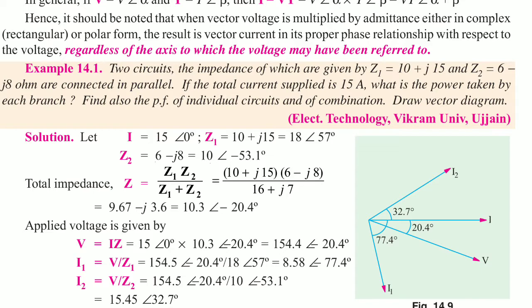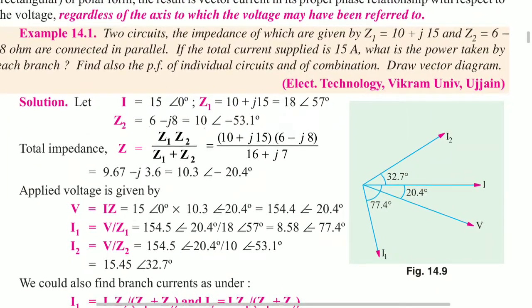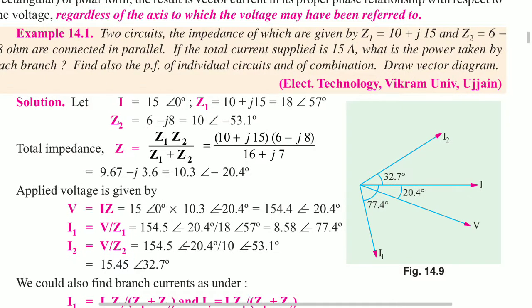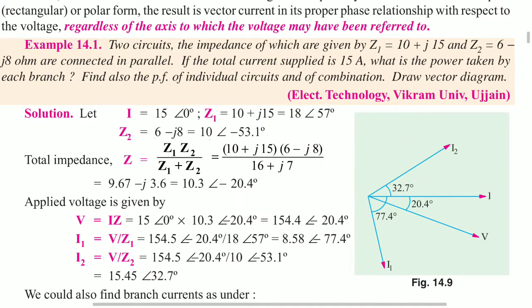This 6 minus J8 is in rectangular form, converted into polar form, 10 angle of minus 53.1 degrees. Here both Z1 and Z2 are connected in parallel.